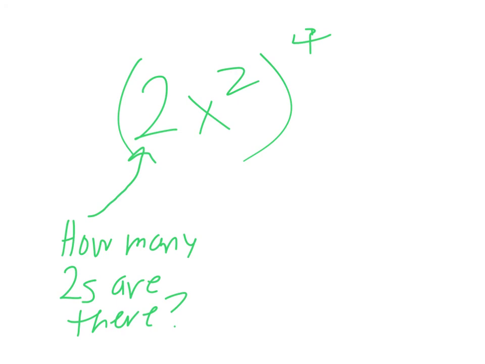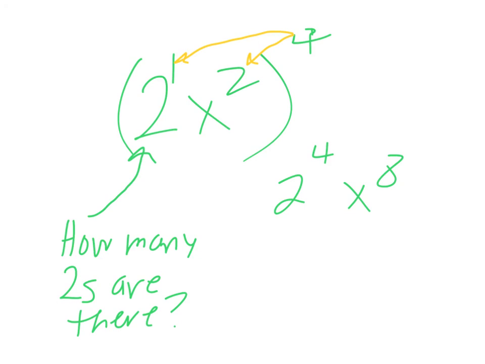So you're telling me that there is 1 two there? Well, that's the exponent. So write it in. It was invisible. Now it's visible. And now you just multiply. And it becomes 2 to the 4th, x to the 8th.